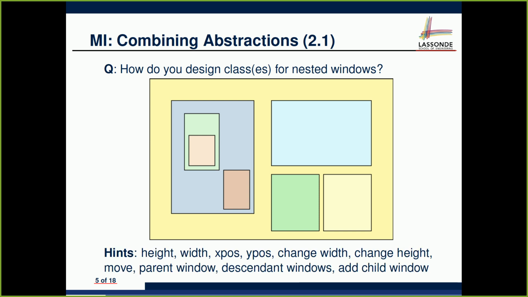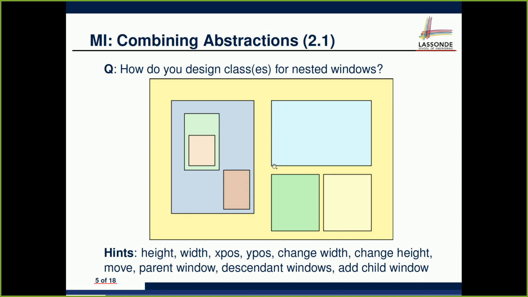So now, here is my question for you, a design problem. How do you design the classes for such nested windows? Let me just give you a little bit of hints to restrict your thinking, to also make you more focused for coming up with your solution. Let's say we want to support all these features for an individual window: for example, height, width, the position for x coordinates, the position for y coordinates.